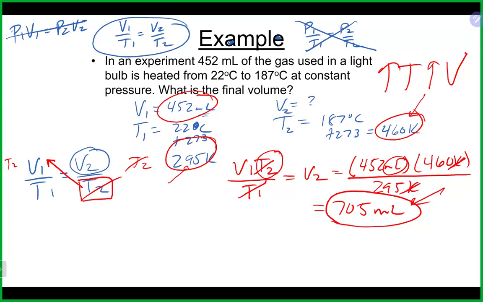It could be 2 or 3. I didn't write the decimal there. So technically speaking, this would be 2 significant figures, which means this really should go to about 710 milliliters if we round it.